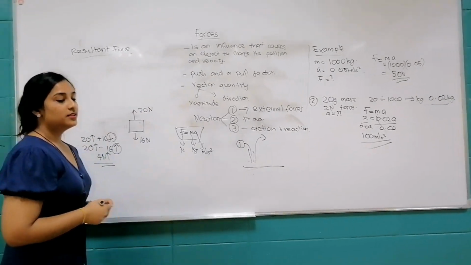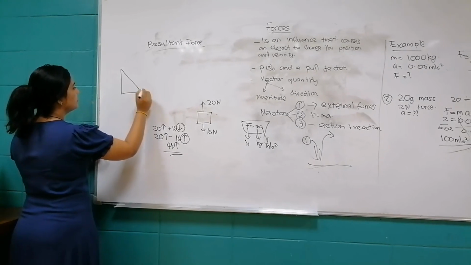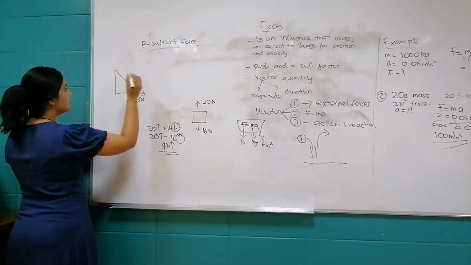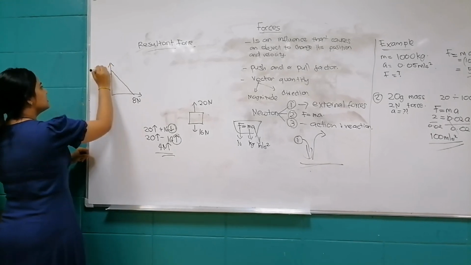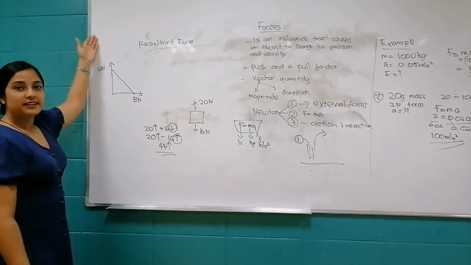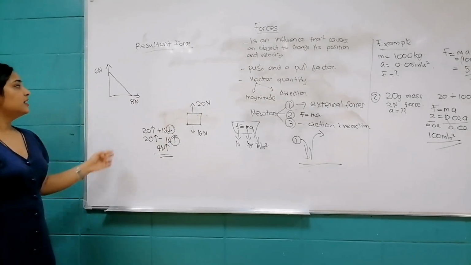Another example is if I have a triangle with 8 newtons acting towards this side and 6 newtons upwards. Now one force is acting upwards and one force is acting this side, so we cannot add this directly.